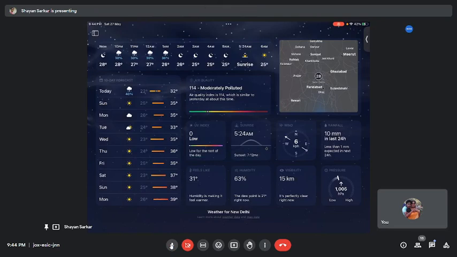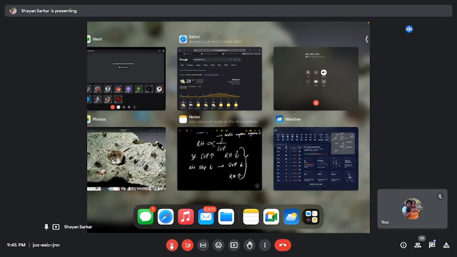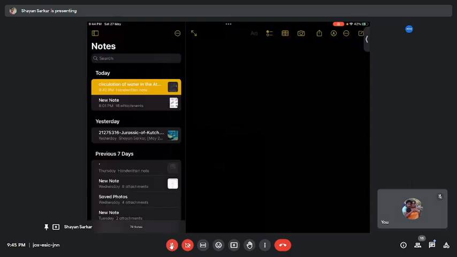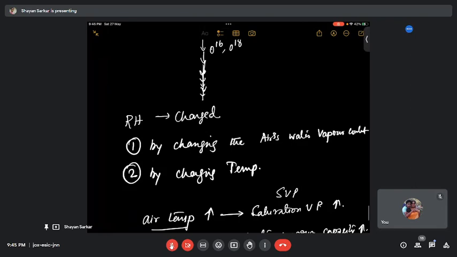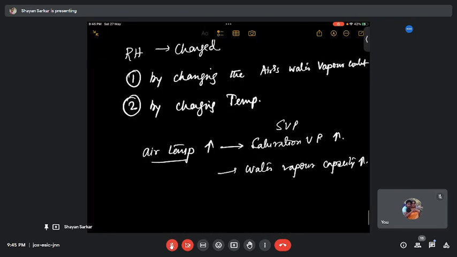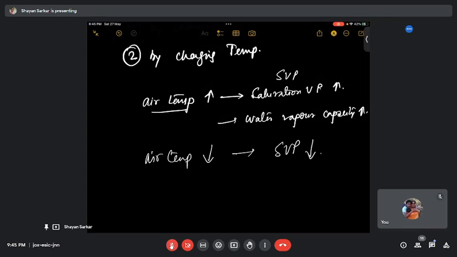কারণ তখন এয়ার টেম্পারেচার কমছে। Yes, temperature is decreasing. So when temperature is decreasing, then what is happening? হিউমিডিটি বাড়বে। So when air temperature is decreasing, then SVP is also decreasing.